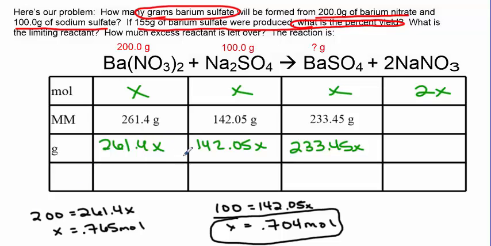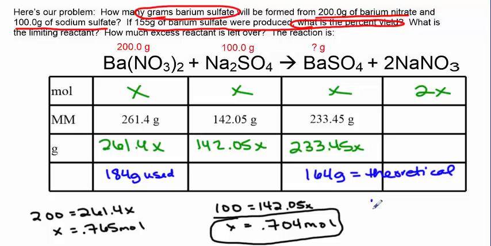All right, so if I multiply X by everything that's used, we don't need to do that one, and over here we get 164 grams of barium sulfate. So this is my theoretical yield, so I can use it for my percent yield.